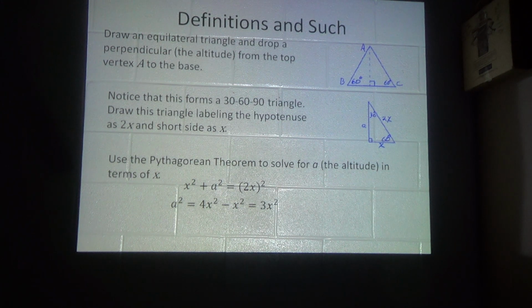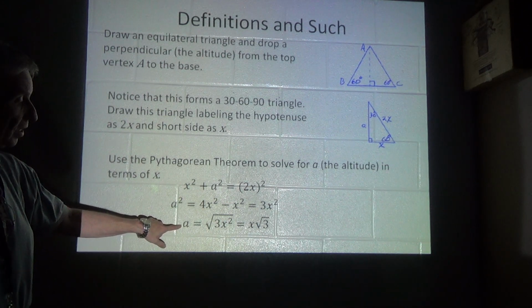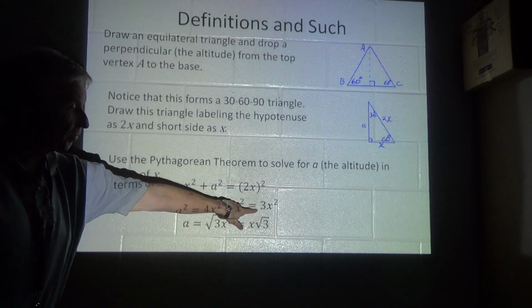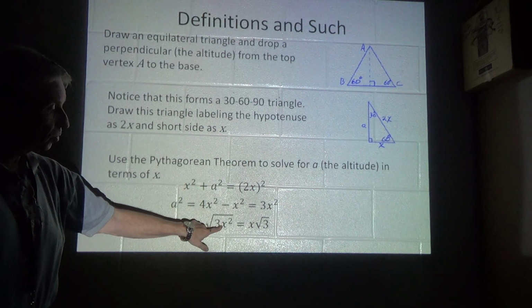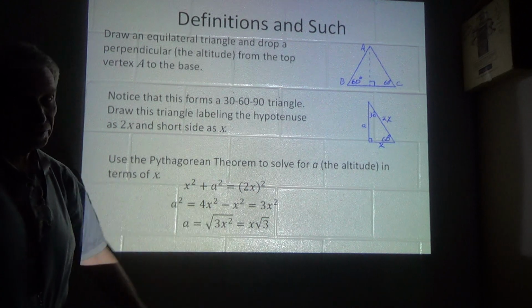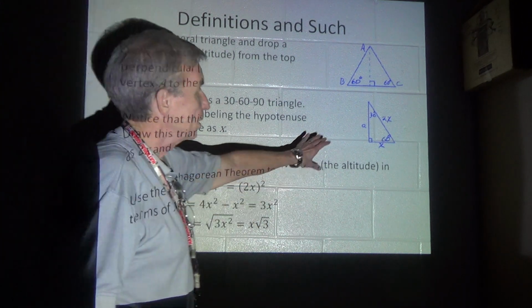At this point we're ready to solve for a, so we take the square root of a squared, which gives us a. That's equal to the square root of 3x squared. X squared is a perfect square, so that leaves us with x square root of 3 for the result. So that's the length of a right here.